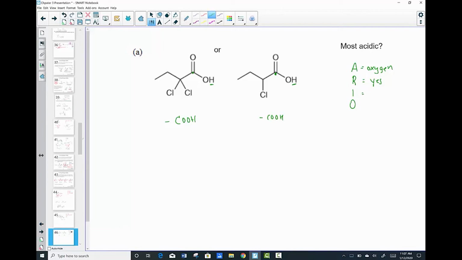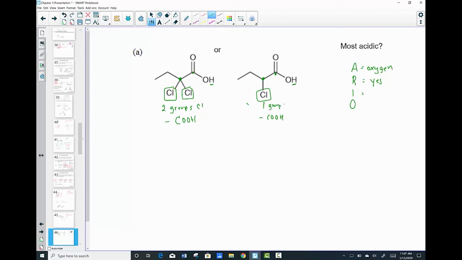Are any going to have a greater influence in terms of the inductive effect? Notice we have the same distance away. However, this only has one chlorine, where this has two chlorines, two groups of electron withdrawing groups. Two groups of chlorine tell me that it has twice the ability to stabilize the electric charge as compared to just one group of chlorine.